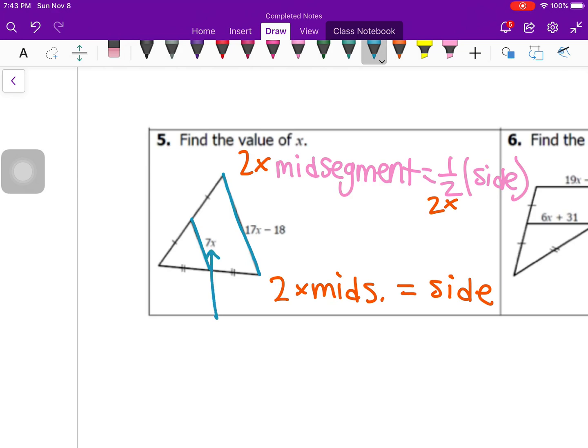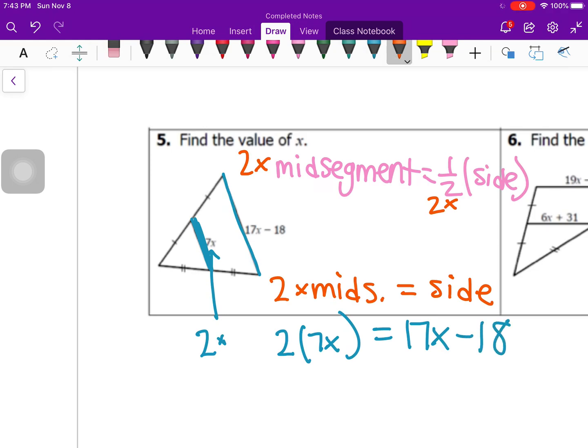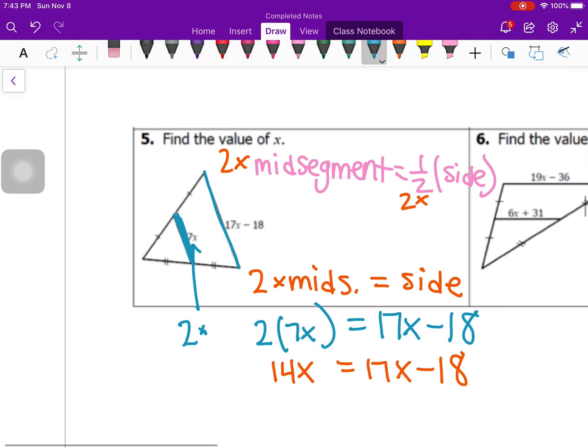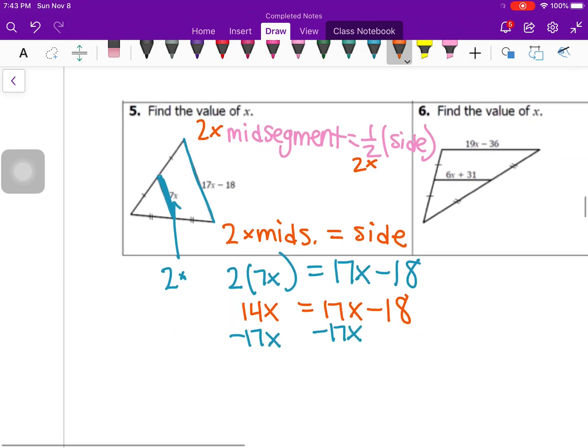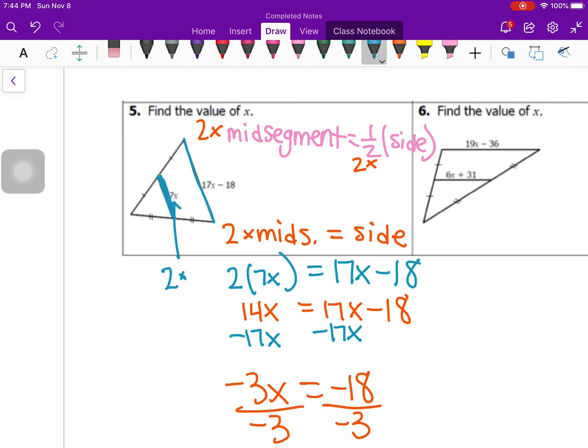So I'm going to take 2 times 7x and set it equal to 17x minus 18. You're going to get 14x equals 17x minus 18. Now we can solve for x. I'm going to subtract 17x on both sides, and we get negative 3x equals negative 18. Divide by negative 3, and you're going to get x equals 6.